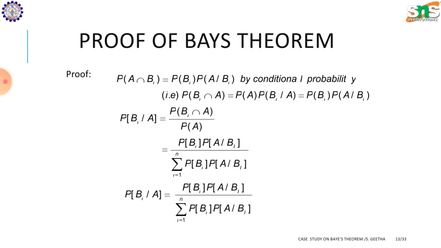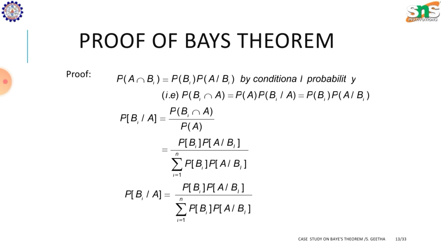Therefore, P of Bi given A is equal to P of Bi intersection A divided by P of A. Now, P of Bi intersection A can be written as P of Bi into P of A given Bi.